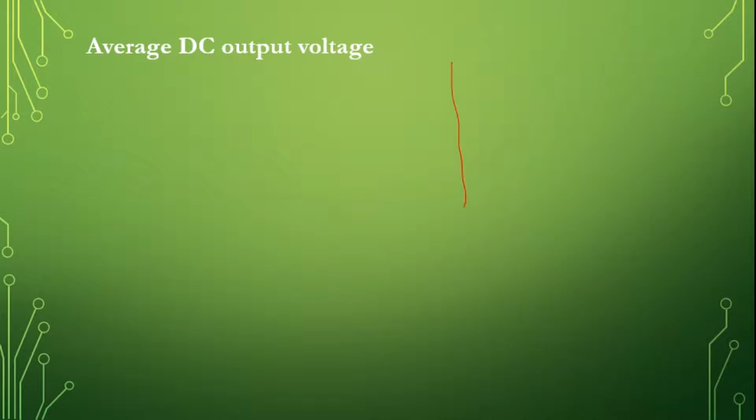We have observed the output waveform for half cycle. It is 0 to pi, pi to 2 pi. This is our V0. X axis is omega t. So what is our average output voltage? We write it as VDC.